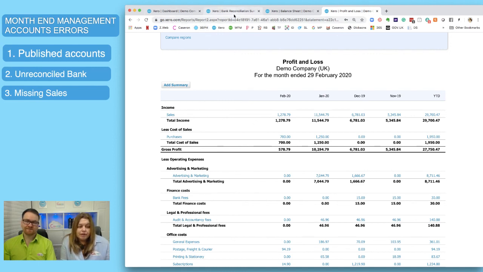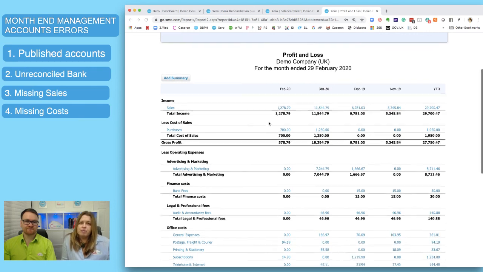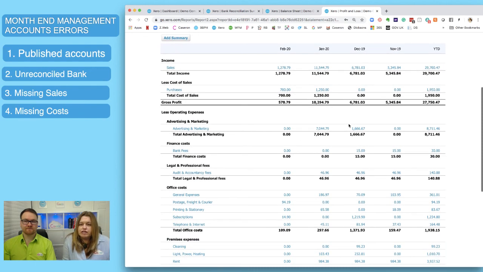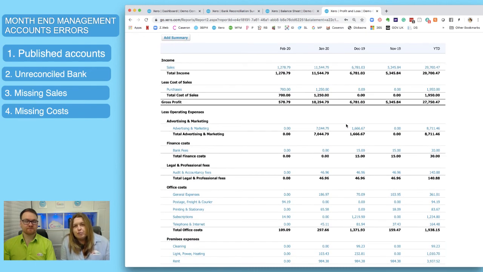So number 3 is missing costs. Another real common error is missing costs. Invoices come in from your suppliers, they come into your inbox, they come in via paper. It might be that you've been out and personally spent some money and forgotten to claim that back. And what happens is that the costs then are missing from your accounts.